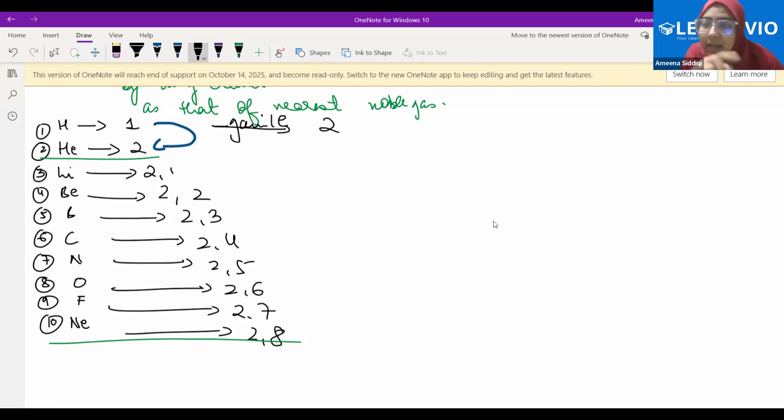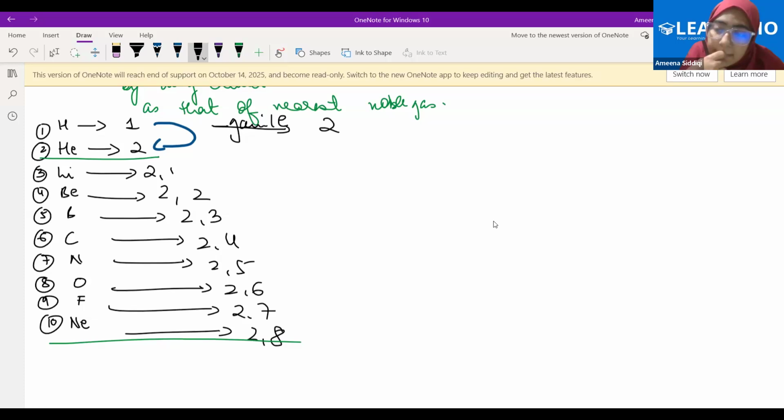And what has hydrogen basically done? It has gained one electron, therefore it has now attained the electronic configuration of helium. And why has it gained the electronic configuration of helium? To become stable. Why has hydrogen gained the electronic configuration of helium?